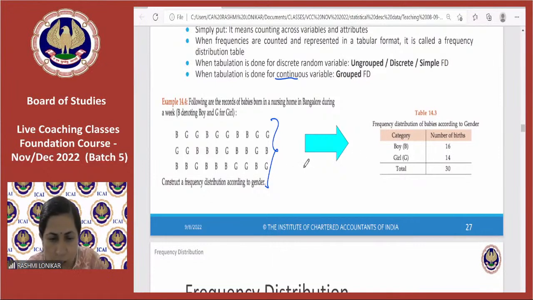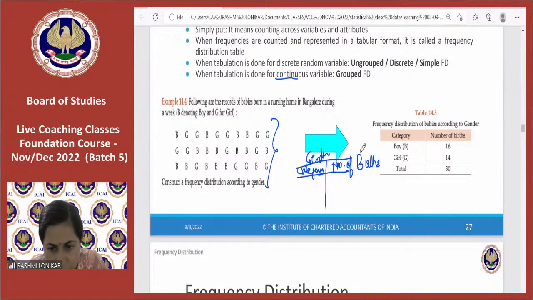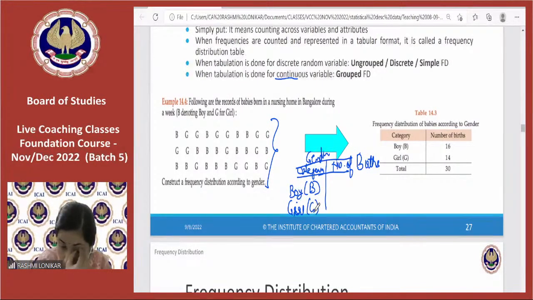So I prepare a chart. Here I say category, or I may write down gender, and here I will say number of births. Here I am writing boys are represented by B and girls are represented by G. I will start counting how many boys there are.